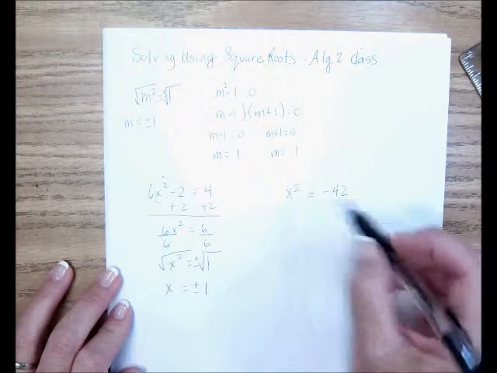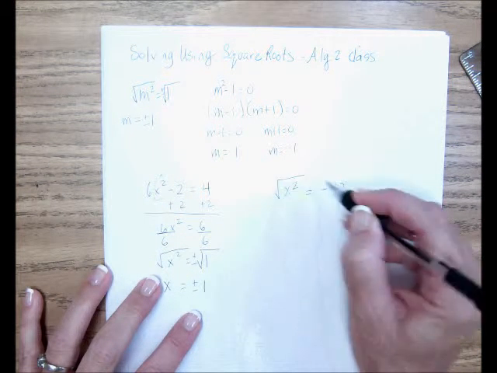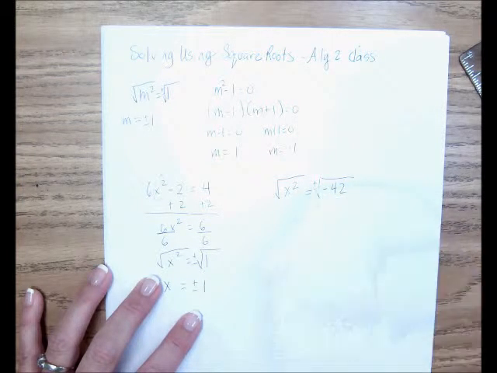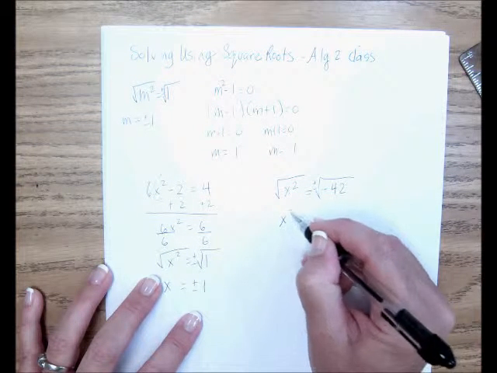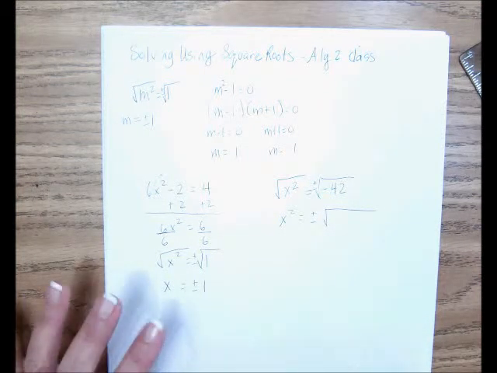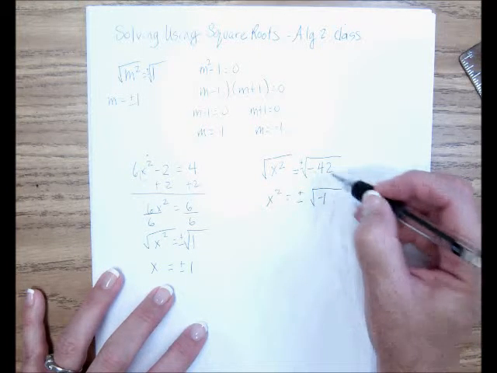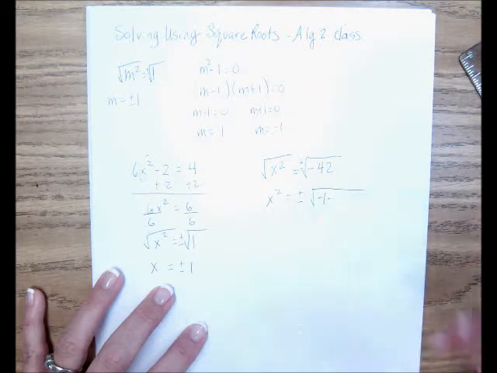So I do have a constant on one side and x squared on the other, so I'm going to take the square root of both sides. And so that leaves me with x equals plus or minus the square root of... And then I'm going to break this down into things that I know I can take the square root of. So I know it's going to be negative 1 times 42.